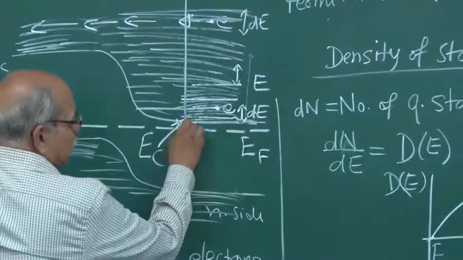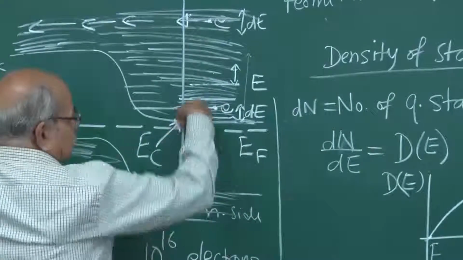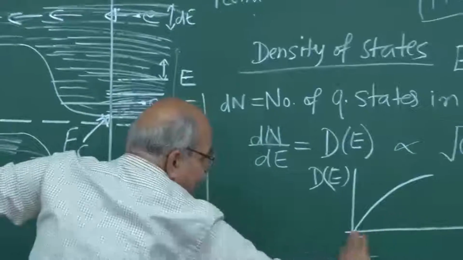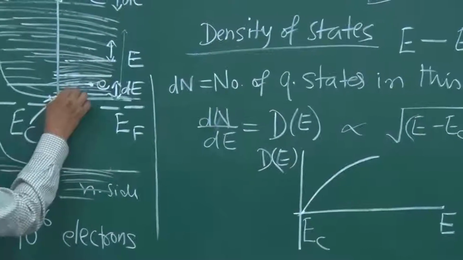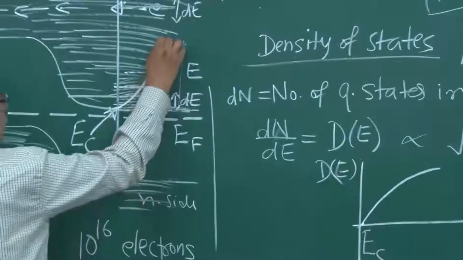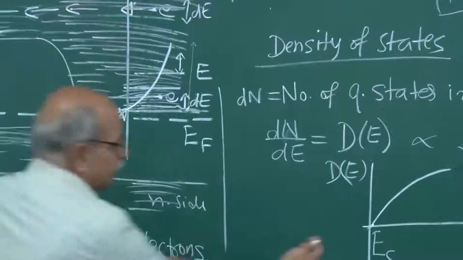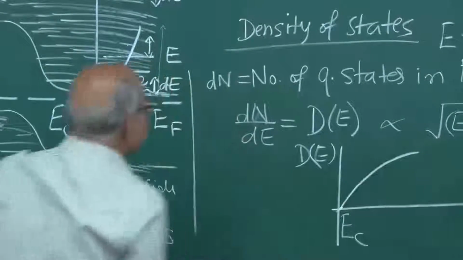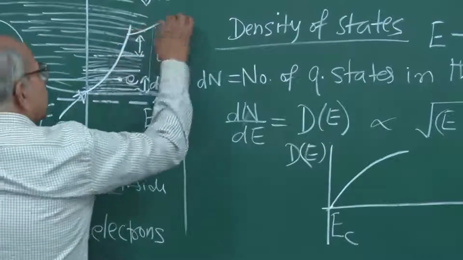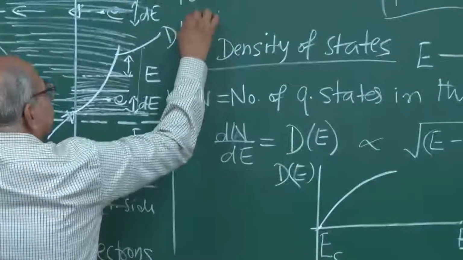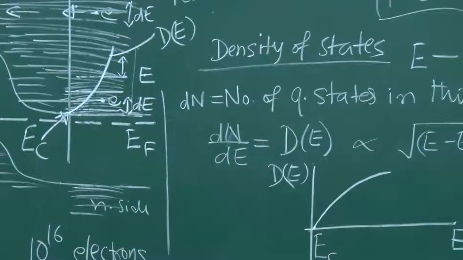Here is 0, and then you see how it is going. The slope is going down, down, down. So here it will be like this. As I am increasing the energy, it is bending like this. So this will be your dE, density of states.